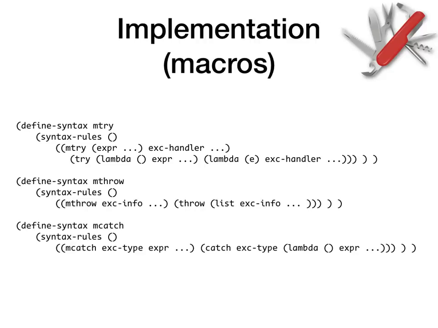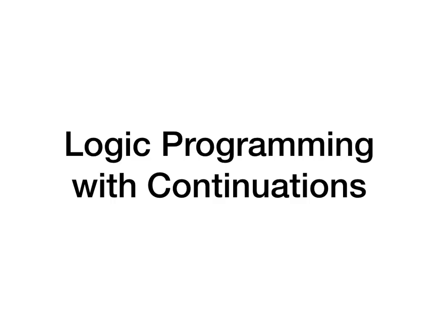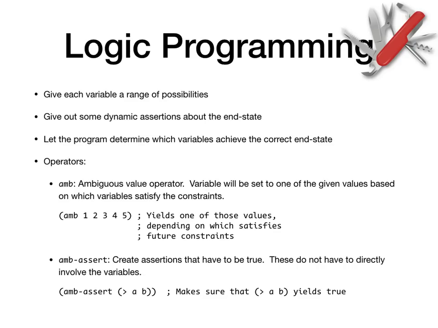So then we have logic programming. Logic programming is fun. This is actually one of the reasons why I grew to love continuations. Logic programming allows you to do crazy things like assign variables ambiguous values. So this amb operator says, if I say amb 1, 2, 3, 4, 5, that will return one of those values.